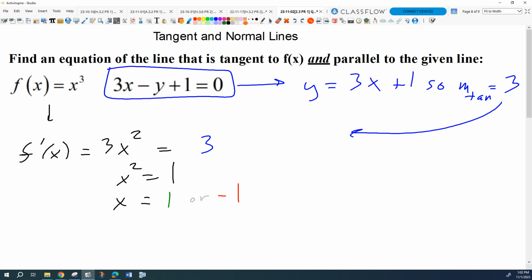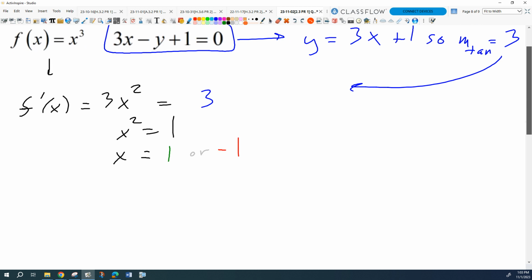Put in x into the original equation. Okay, good. What are the ingredients of a line? A point and a slope. We already know the slope. The slope is 3, right? We knew that before we even took the derivative. We were trying to find tangent lines with the slope of 3. So we knew that, but we need to know the points. So one point is going to be the location where x is 1, and the other is the location where x equals negative 1.